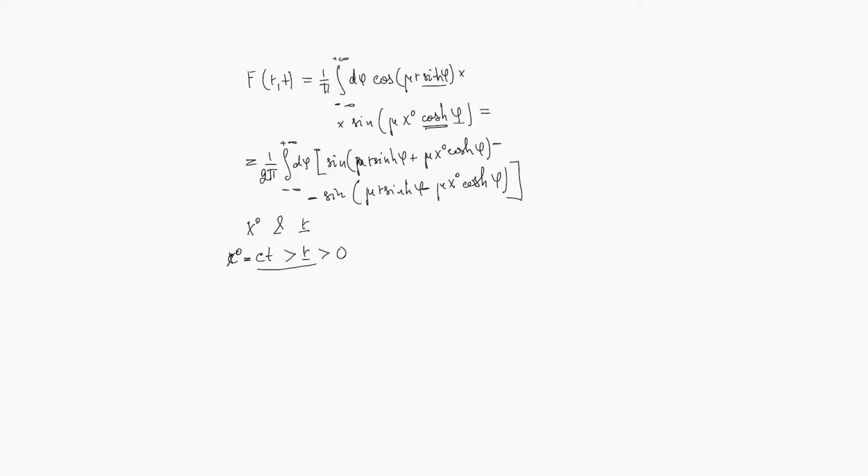So for the case which I'm considering here, the relevant further change of variables I need to do is x0 divided by square root of x0 squared minus r squared is equal to cosh phi 0, hyperbolic cosine of phi 0, and r divided by square root of x0 squared minus r squared is equal to hyperbolic sine of phi 0.